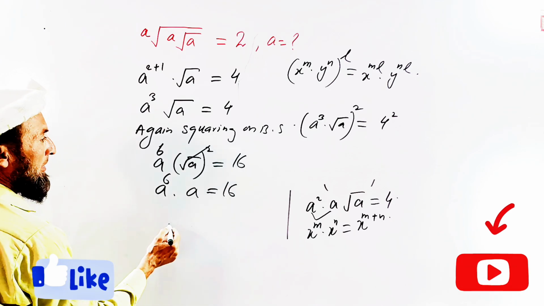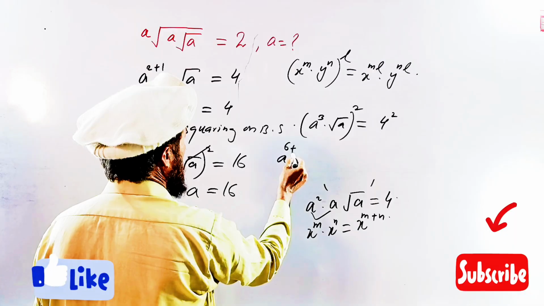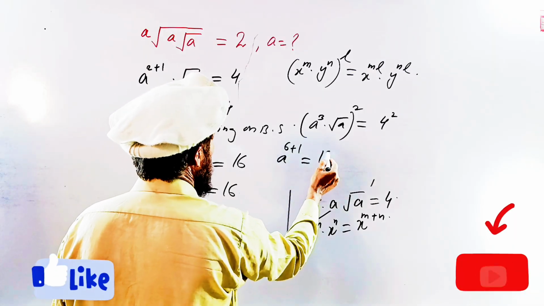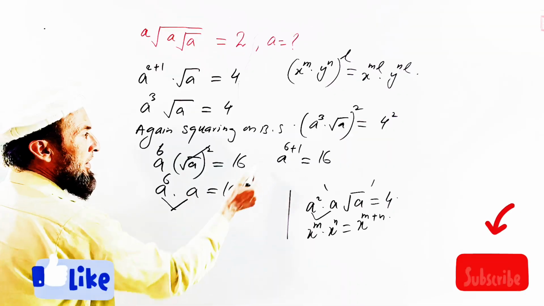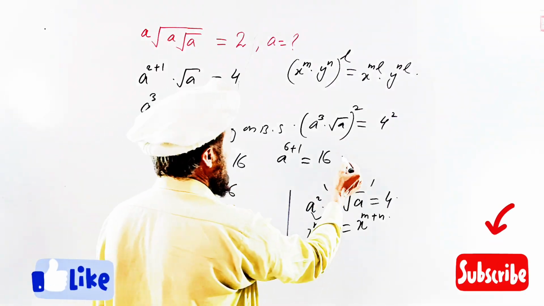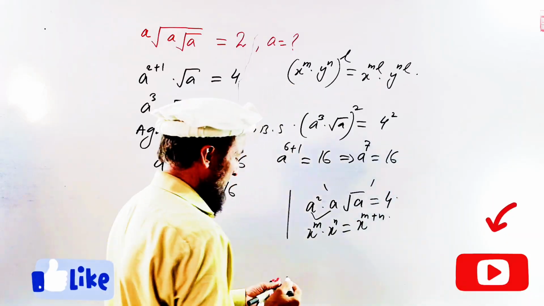Now we add their powers according to the rules: a to the 6 plus 1 is equal to 16. When the bases are the same, we add their exponents, and here we get a to the 7 is equal to 16.